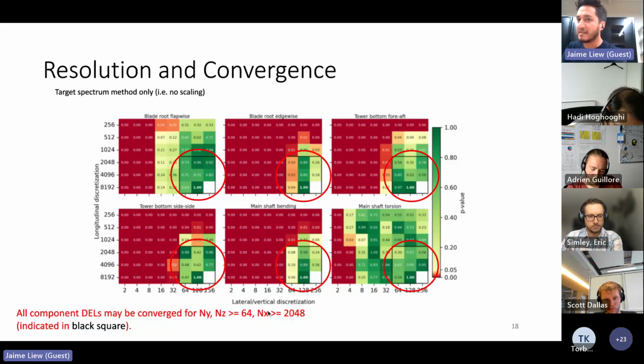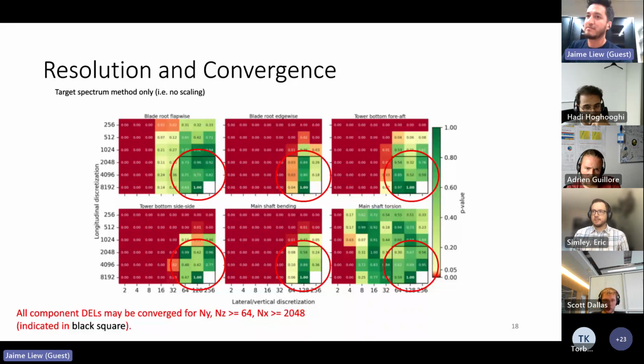So this is higher than the IEC recommendation over the rotor. 64 points is quite a lot, especially for LES. It's not that easy to get that many points. But longitudinally, it's actually less than what we normally do in HAWC2, so we can actually reduce that.